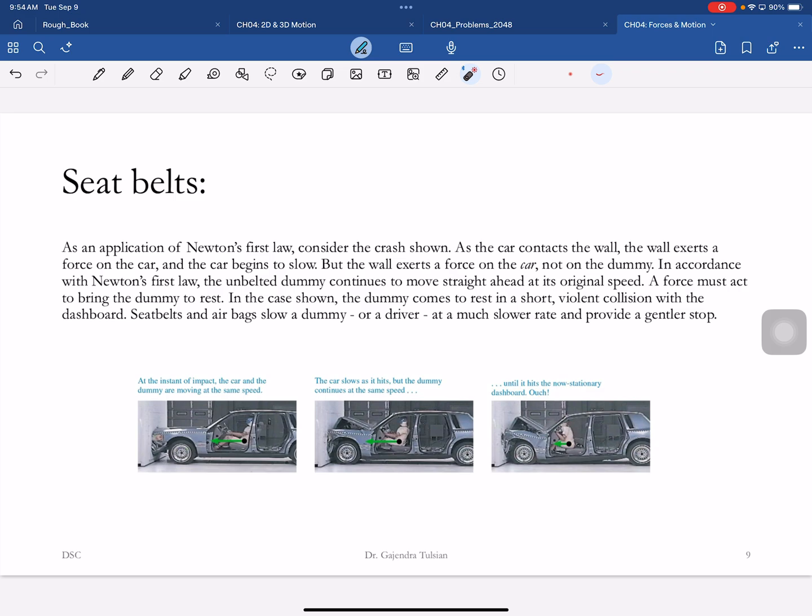Now I'm going to just write down a couple of equations. You don't have to remember these equations. I'll tell you what these are.